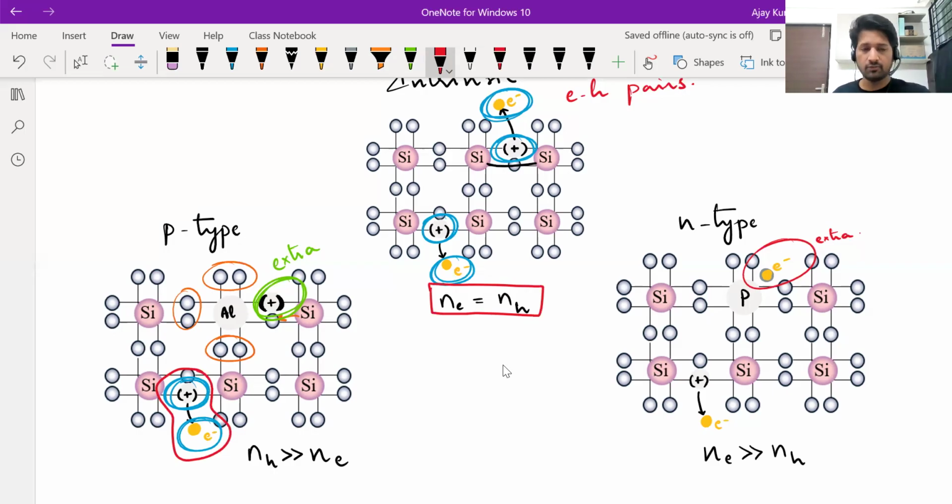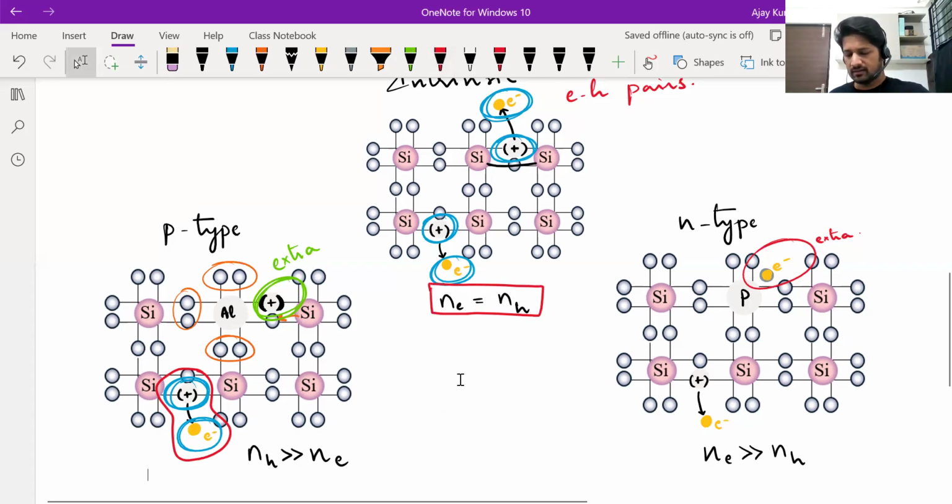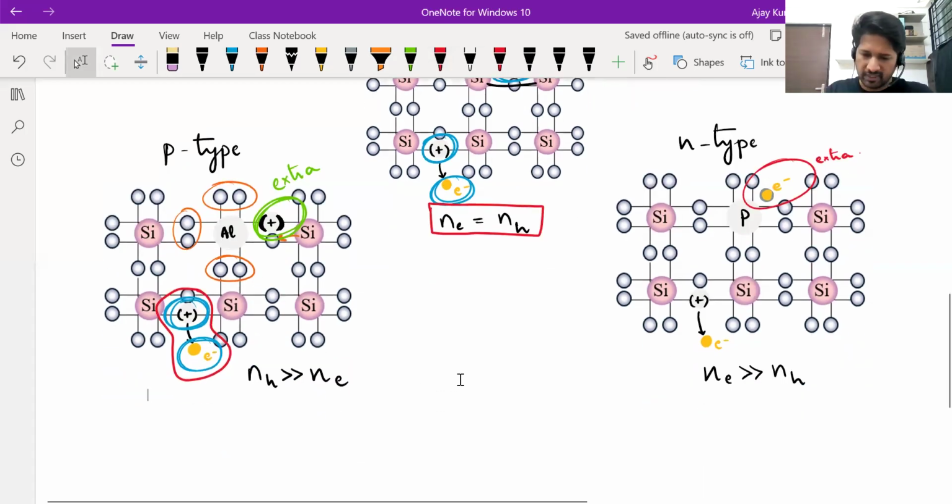So the concentration of holes will be more than the concentration of electrons. And there's one more point you need to keep in mind. When you dope it with a trivalent impurity and make it a p-type semiconductor, these new extra holes that are created are ready to accept electrons.